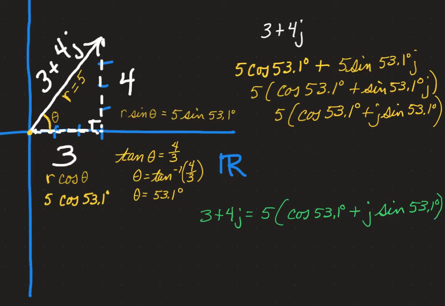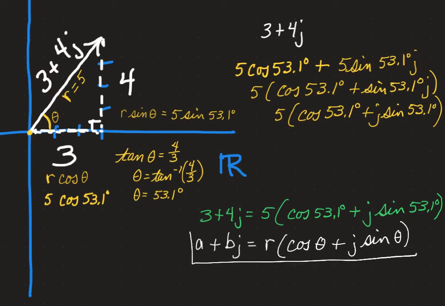So to put this in a purely symbolic format, a complex number a plus bj is equal to whatever the hypotenuse of the reference triangle is, or you can also think of it as the radius of the circle, times the cosine of theta plus j times the sine of theta. And this is what we're going to use.